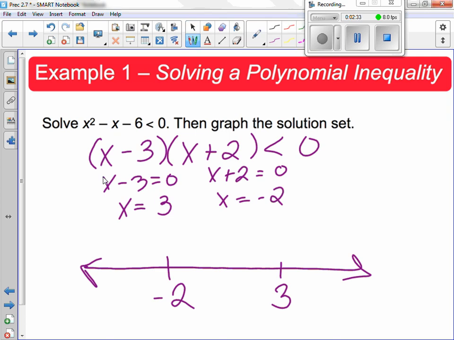Give me a number less than negative 2. Give me a number between negative 2 and 3. I like that one better, because 0 is easier to work with. Then over here we can have 5, 4, it doesn't matter. We pick one. Let's do 5.